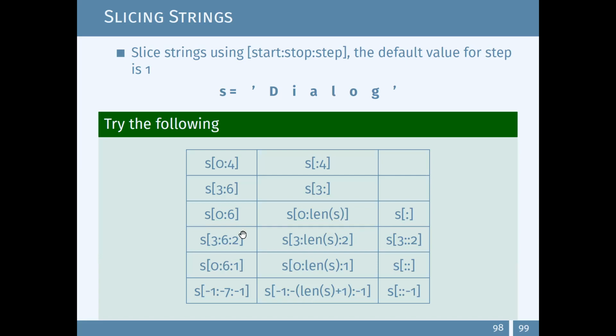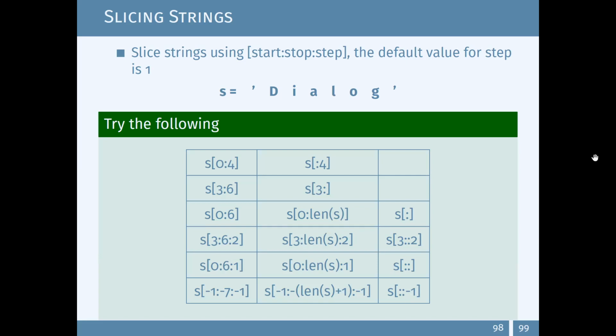Right. So in this particular case, we have -1 to -7 with the step of -1. So you can see how it'll flip the string, which will be the same for the last one as well.